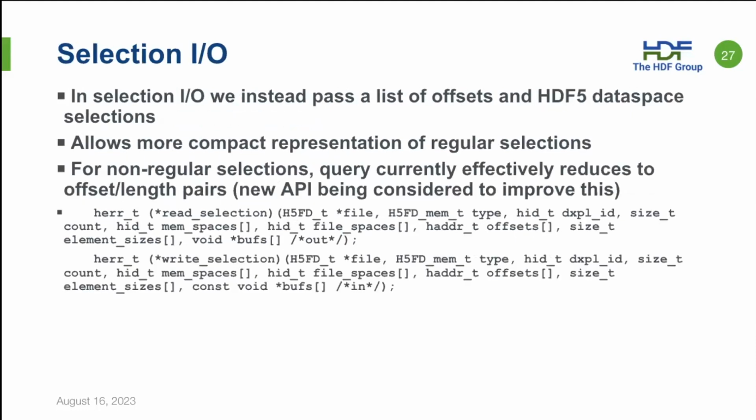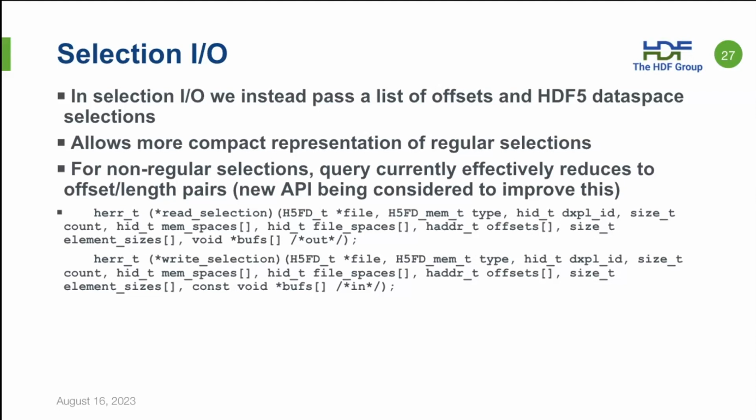And then selection IO is like that, except we're passing an array of offsets and HDF5 selections, dataspace selections. So if you look at the HDF5 H5S API, you can see how to define a selection within a dataspace that will tell you which elements are selected for IO and which elements aren't. And then also the element sizes, because each element might be 4 bytes or it might be 64 bytes or who knows.